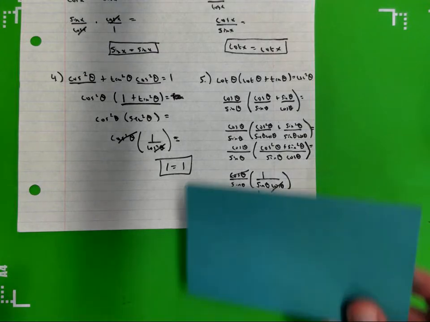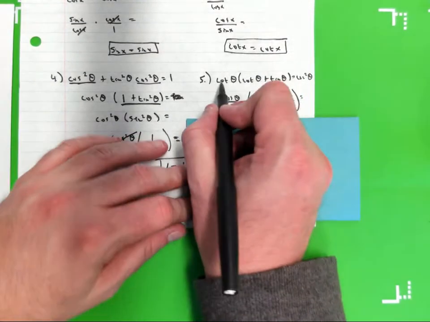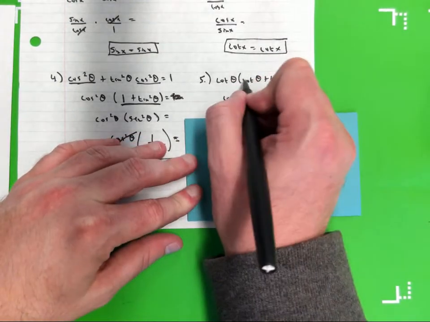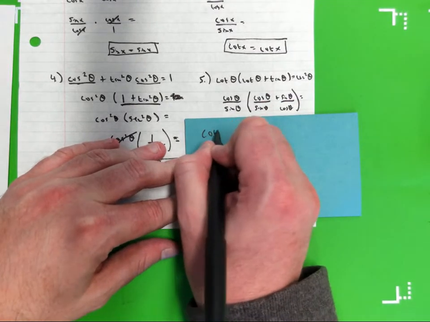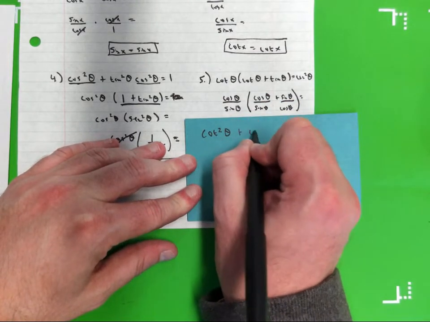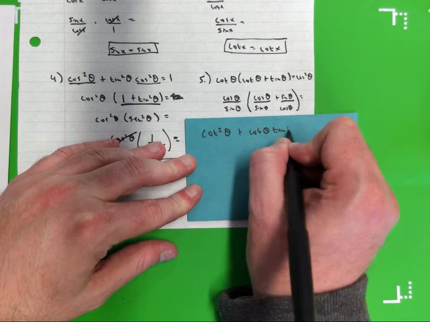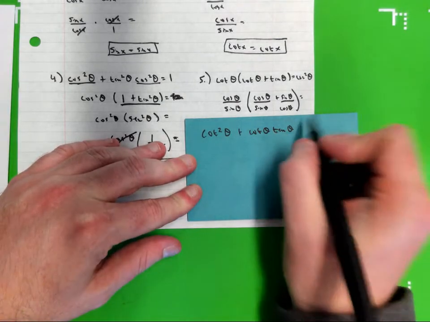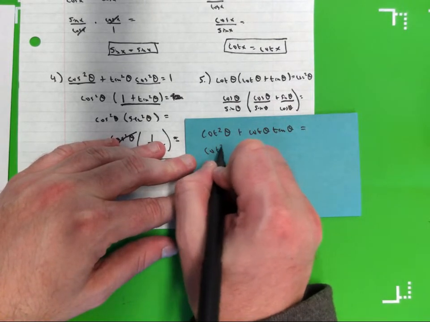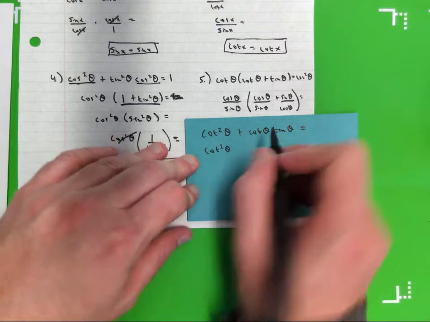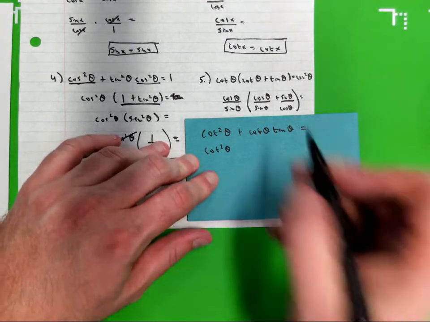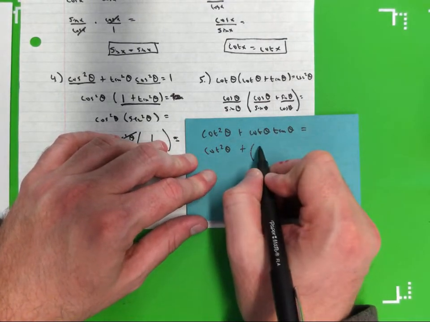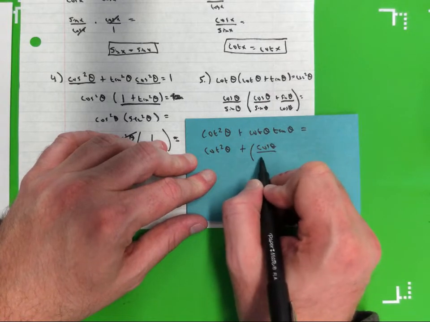You said, Mr. Church, what did you mean by the other way? Well, if you just left it like this and multiplied, like the cotangent squared theta plus cotangent theta tangent theta, like I said, you could have done it this way. You know cotangent and tangent are reciprocals of each other.